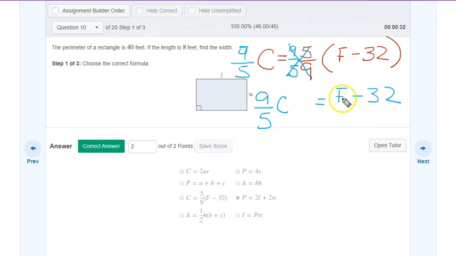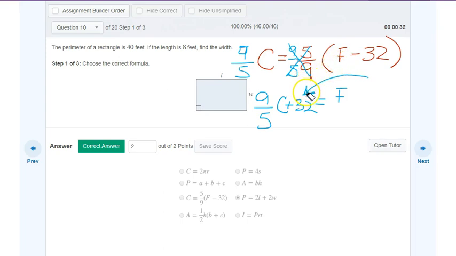Now to isolate the F, we take this term, transpose it to this side, where it becomes a positive 32. And now I can erase this here. And there's our solution. So these are the ones we often deal with.